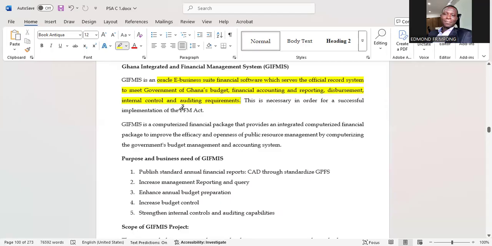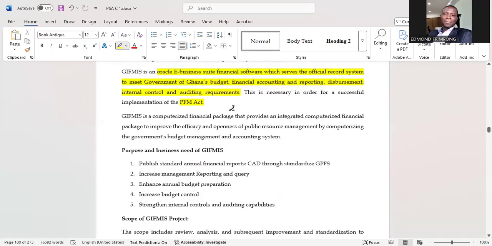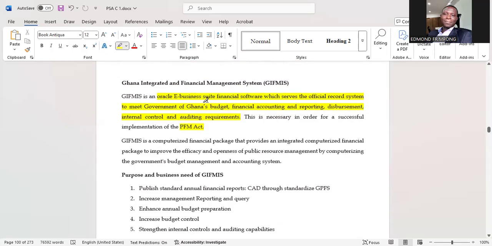For us to implement the PFM Act successfully, there was a need for the implementation of what? The GIFMIS. So you should know the full meaning of GIFMIS: Ghana Integrated Financial Management System.